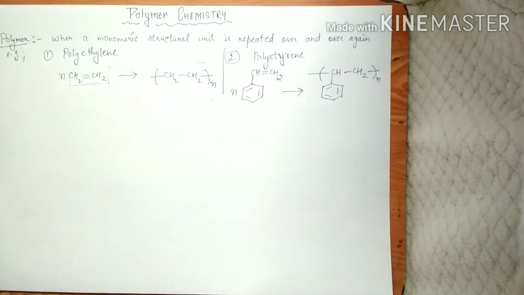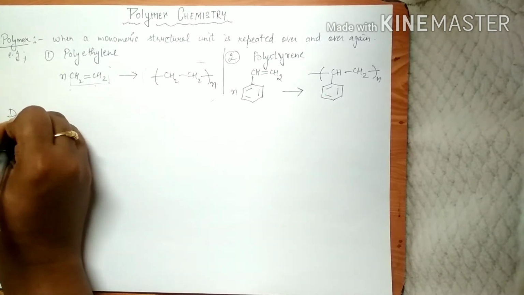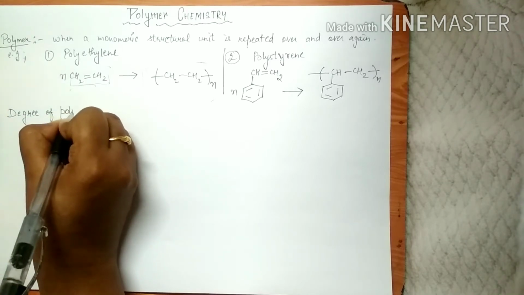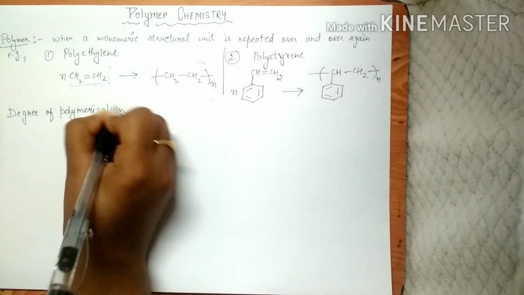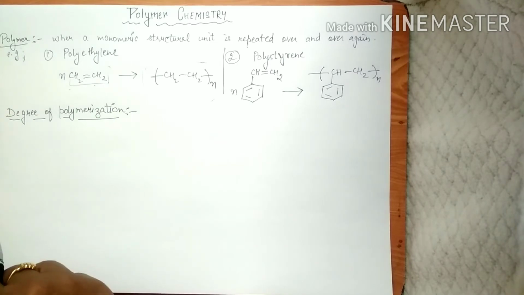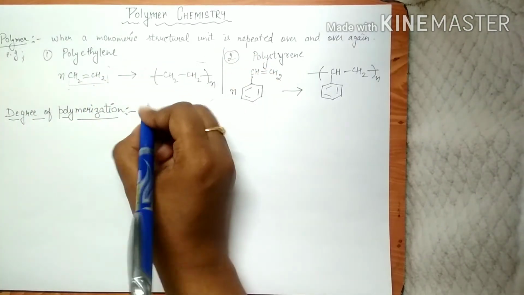Okay, now next thing which we are going to discuss is degree of polymerization. What is degree of polymerization? Degree of polymerization basically represents your number of structural or your monomeric units which is contained in a polymer.